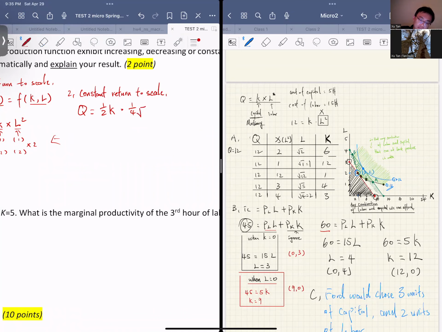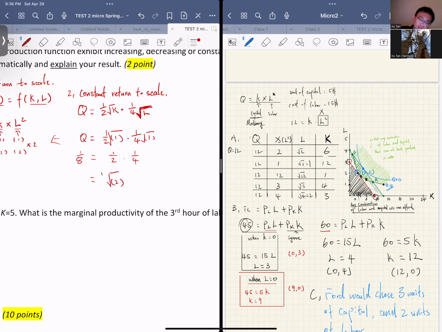Let's do this. Square root of L, and then square root of K. So Q equals half times the square root of 1, times 1/4 times the square root of 1. We get half times 1/4 equals 1/8. So if we put in 2, we double everything.